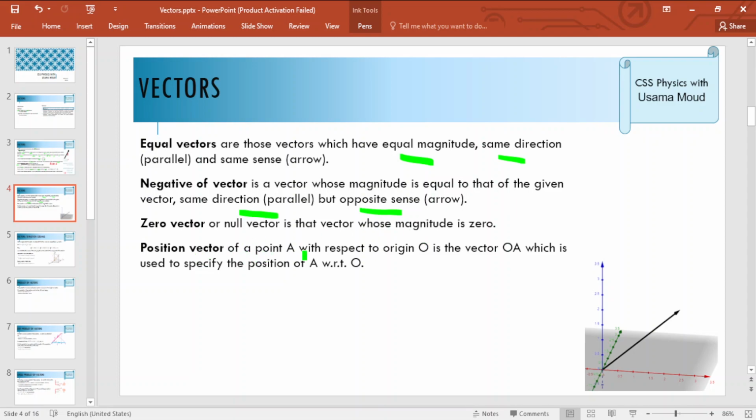The position vector of a point with respect to the origin is the vector OA. According to this diagram, this is the origin O, and this is point A. For example, this is 3, 2 and 1. If you write this 3, 2 and 1 in vector form, this is the position vector of A from the origin.